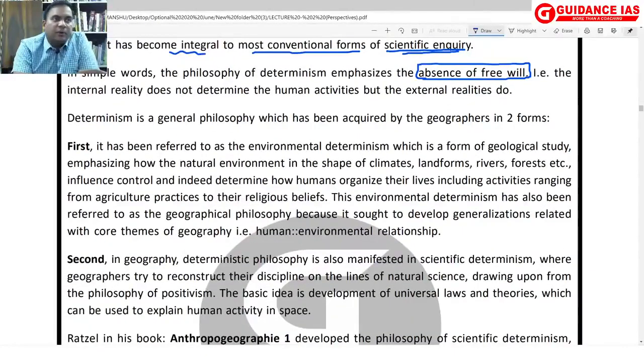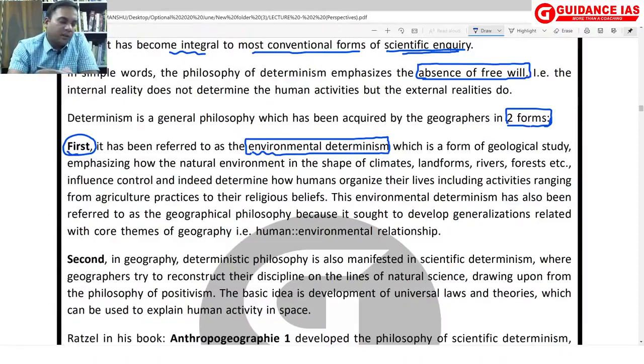Determinism is a general philosophy which has been acquired by geographers in two forms. ठीक है? And first, it has been referred to as environmental determinism, which is a form of, यहाँ geological आ गया, इसको geographical कर लो. It is not geological, it is geographical. It is a mistake, typing error.